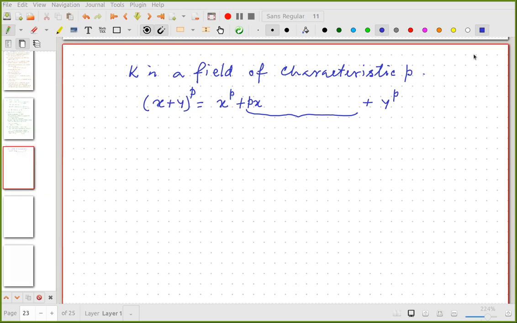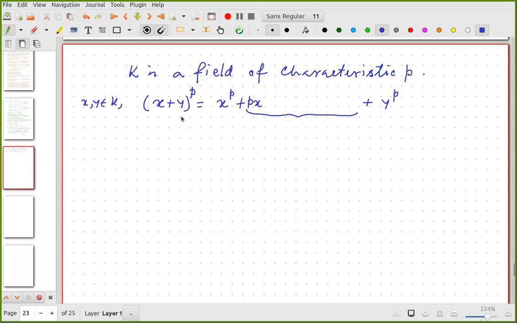So we were just looking at this (x plus y) to the p, x, y coming from the field.